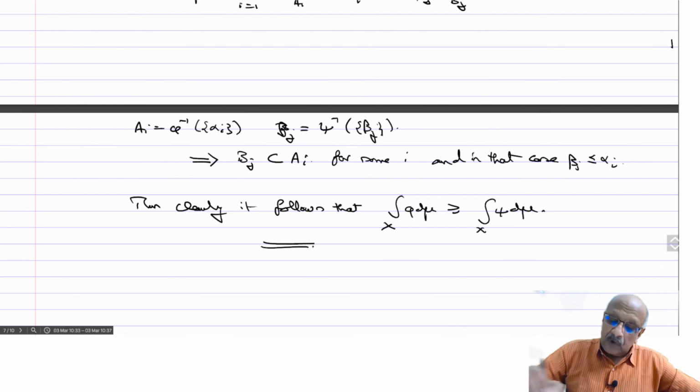These are some of the important things. Next we will have to extend from simple functions to other functions, so we will do that next.